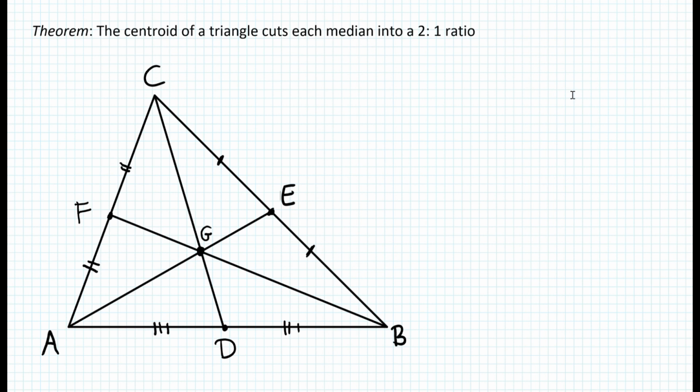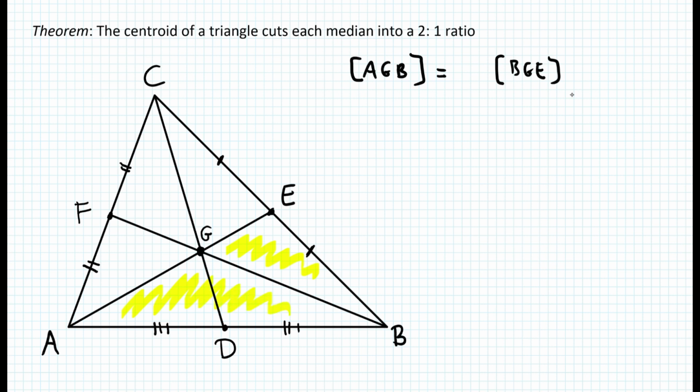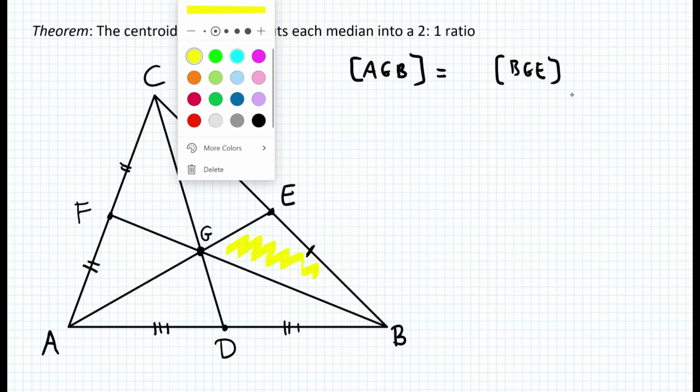So if you, for example, look at the area of triangle AGB, how does this compare to the area of triangle BGE? Okay, so here we have this area, and we're comparing it with this entire area over here. Maybe I should use a different color so you guys can see it better.